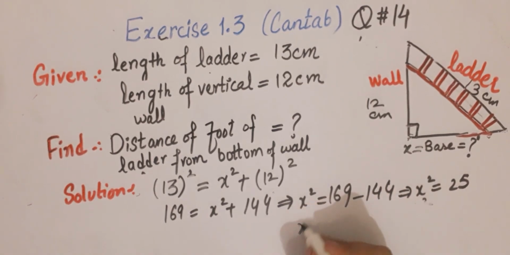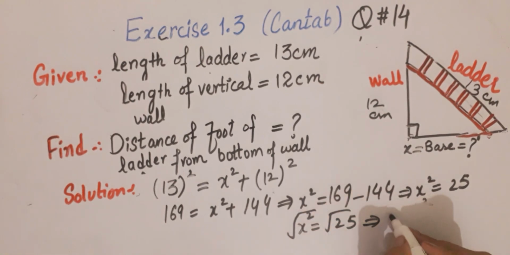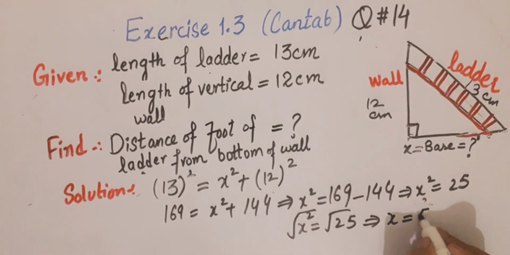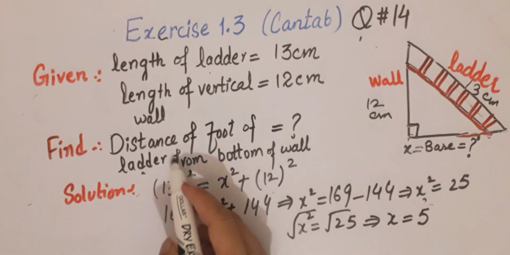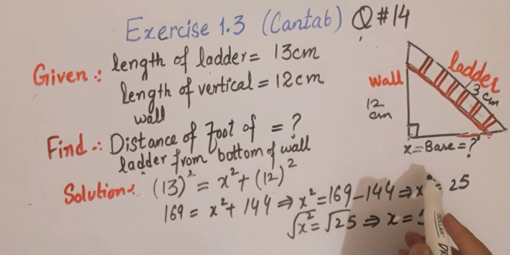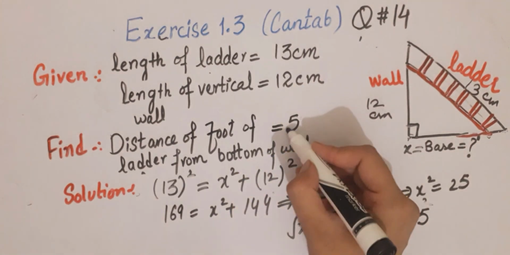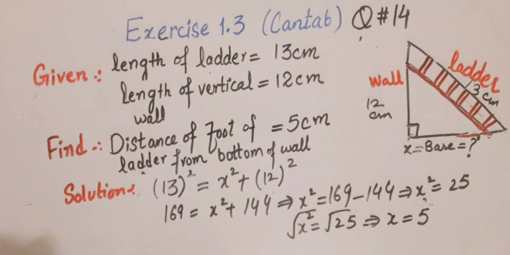So the value of x will be, by taking the square root of 25, is equal to 5. And this square will be cancelled by this square root. We have x is equal to 5. So the distance of foot of ladder from bottom of the wall is equal to 5 centimeter.